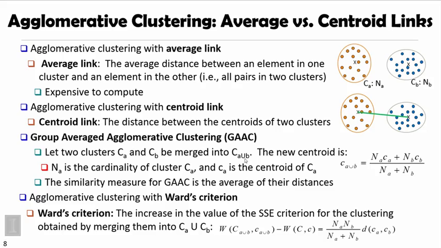Then you compare with the original clustering: what is the increase? This is defined using this criterion. Essentially you look at the distance between the two centroids, and based on the weights, you calculate the increase.